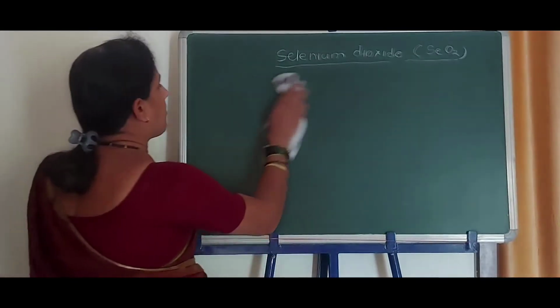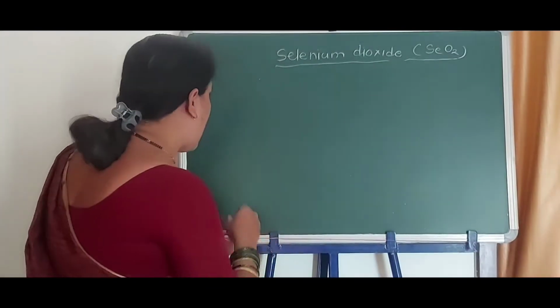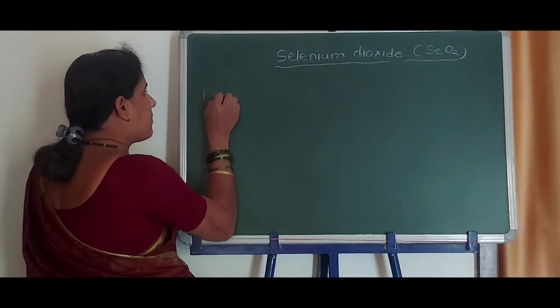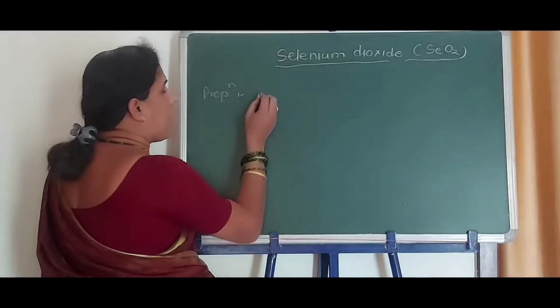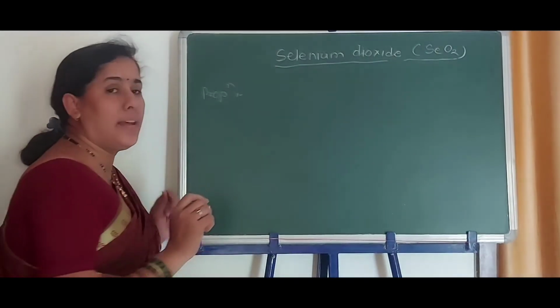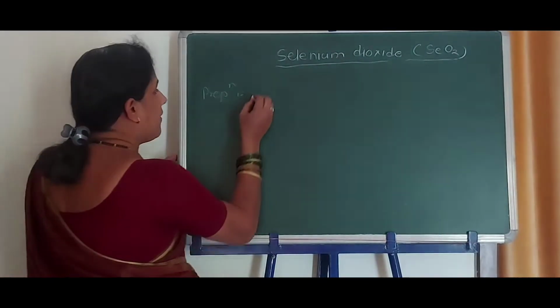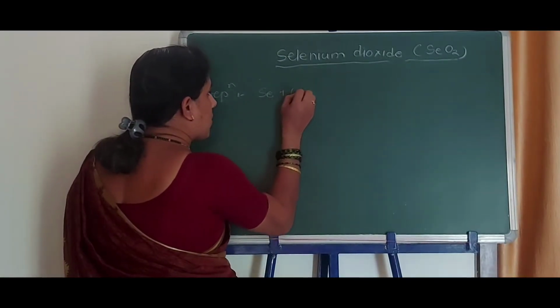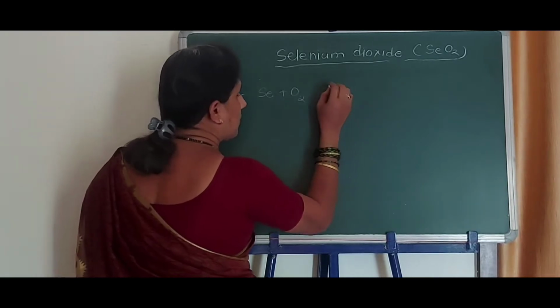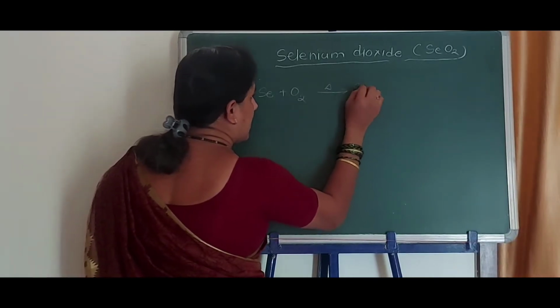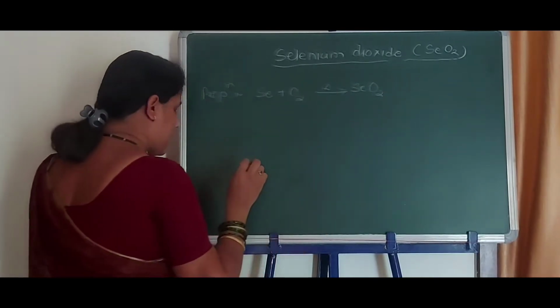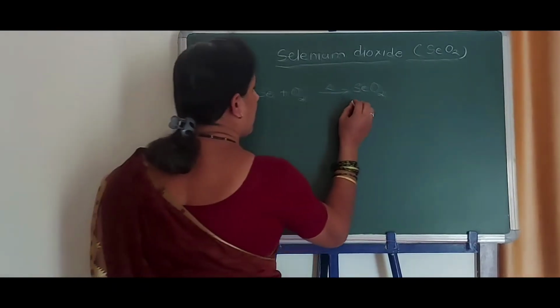Preparation first. Selenium dioxide is obtained by burning selenium in a source of oxygen, that is Se plus O2 gives rise to SeO2, selenium dioxide.